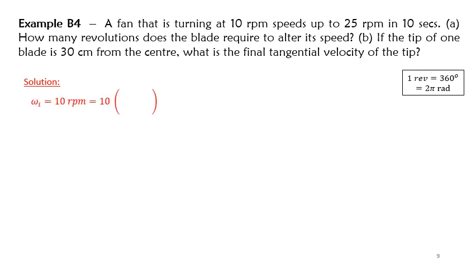The initial angular velocity is 10 revolutions per minute, converted to radians per second.